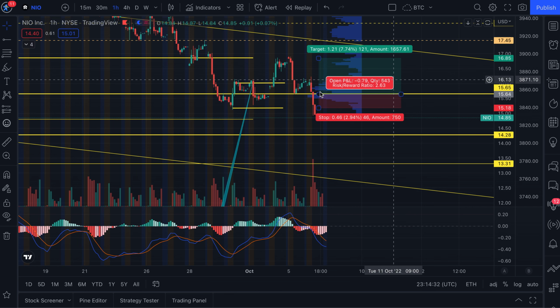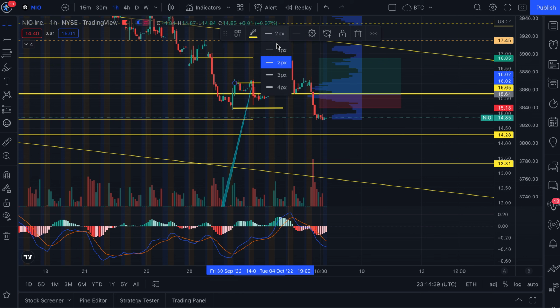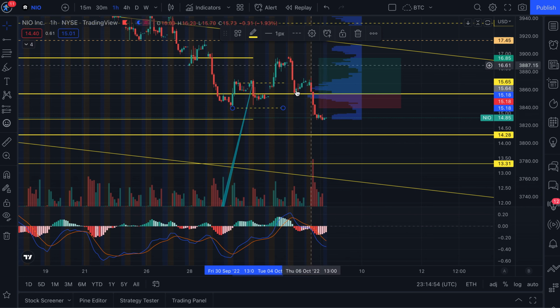Okay, and we still have intermediate levels here. Put those back to a 1 pixel, and because we're inside the daily and the weekly, I'm going to switch that to the dashed line just to help me remember that these are shorter term levels. So I'm going to make that a 1 pixel line and dashed. There we go.